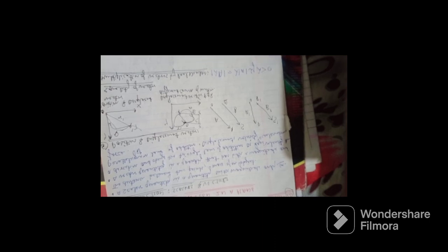For example, if A is multiplied by 2, the resultant vector 2A is in the same direction as A and has a magnitude twice as large.